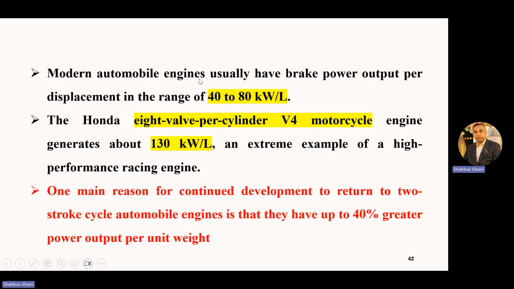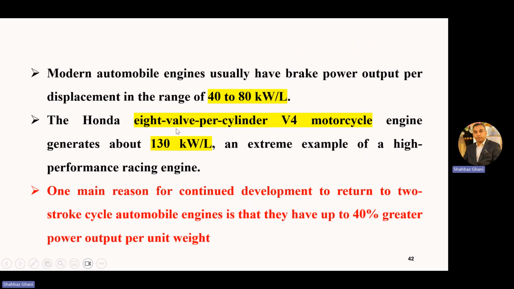Modern automobile engines usually have brake power output per displacement in the range of 40 to 80 kilowatts per liter. In today's engines, this is the range: 40 to 80 kilowatts per liter.